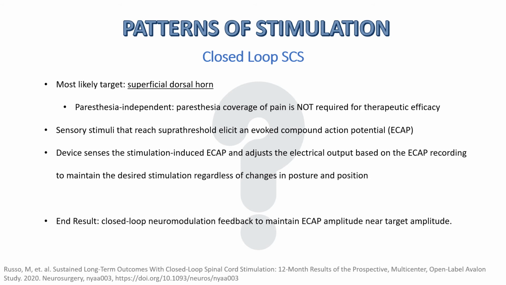This allows it to maintain the desired stimulation regardless of changes in the patient's posture or position. The end result is closed-loop neuromodulation provides feedback to maintain evoked compound action potential amplitudes near a target amplitude for that patient.